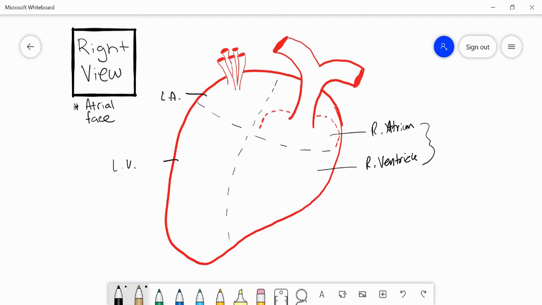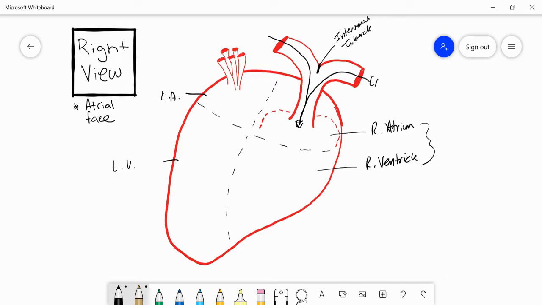And how it does this is it's going to come through this major vein known as the Vena Cava. And this Vena Cava has two parts, the cranial and the caudal Vena Cava, that are going to merge together and form this little tuberculum, or this intravenous tubercle right here. Great.